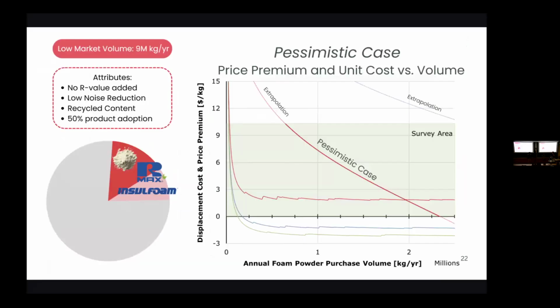In our pessimistic case, we assume 9 million kilograms of the market, partnering with Armax and Insofoam. No performance improvements, only recycled content, and 50% adoption through a trial product line. We compare price premium and displacement cost versus volume to test that viability.